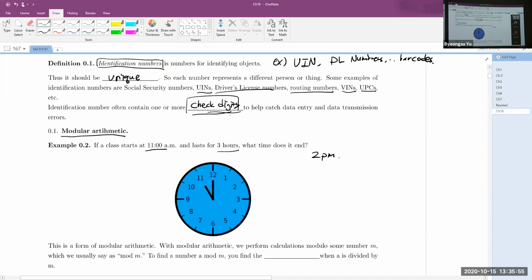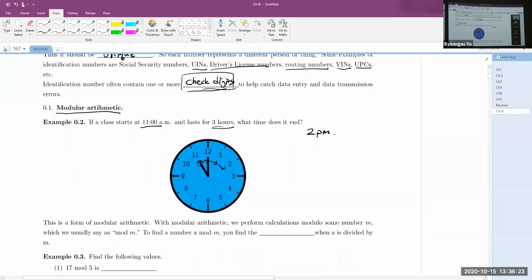The reason is that by taking 3 hours, your hour count goes to 12, 1, and 2, instead of going 12, 13, and 14. After 12, it goes back to 1. That kind of arithmetic is called modular arithmetic.